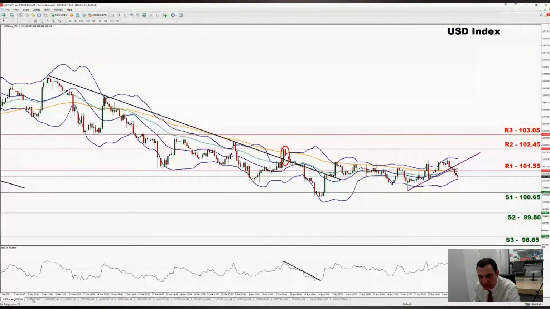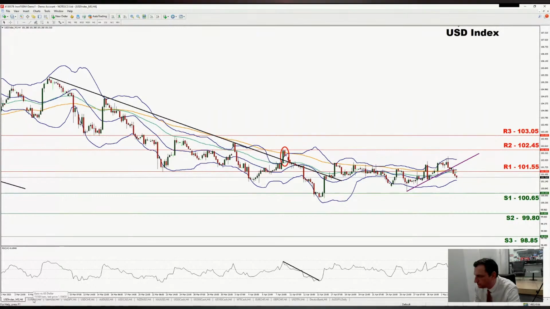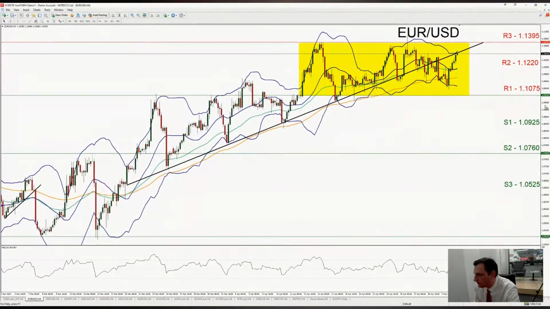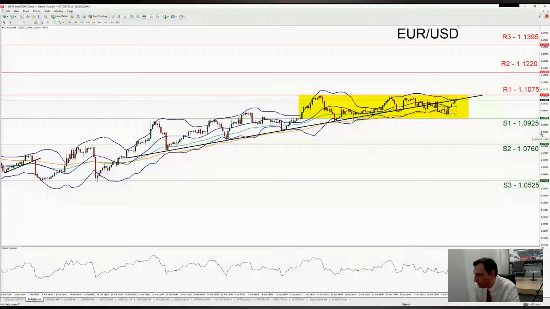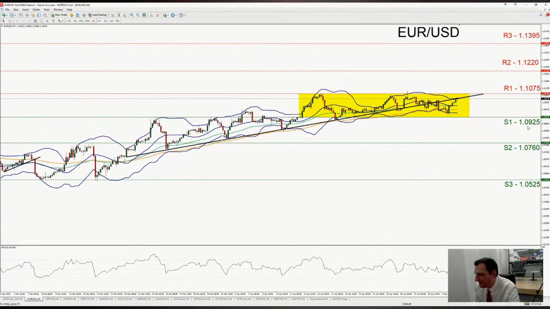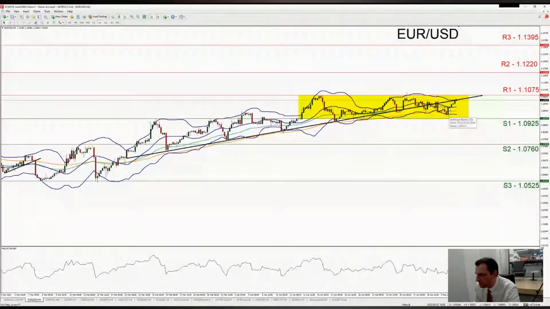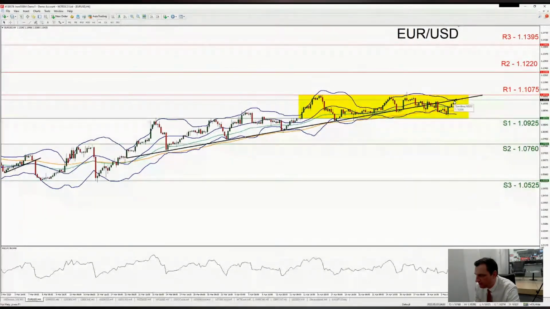Now let's move to Euro USD. Euro USD tends to maintain a sideways motion, possibly benefiting a little bit from the USD weakness.